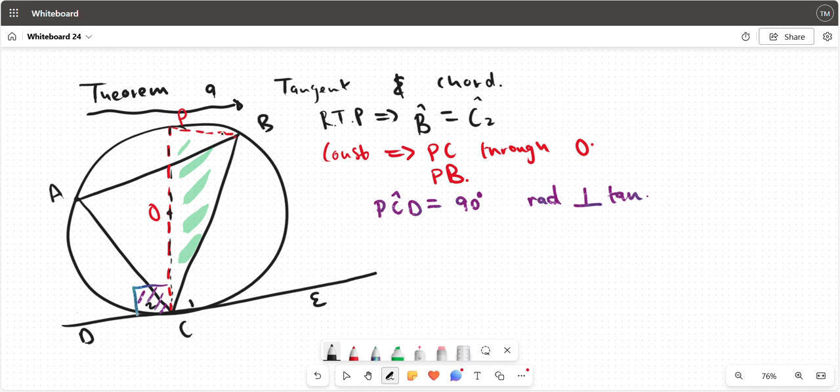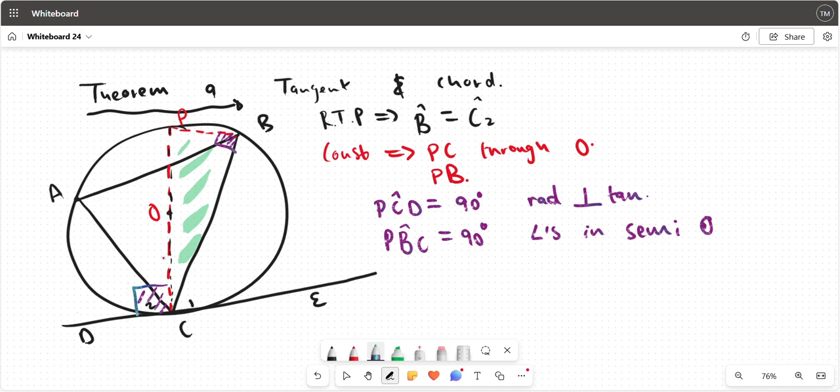So it tells me that this angle here is going to be 90 degrees. And what rule am I using there? I'm going to say PBC is also 90 degrees, and my reason is angles in a semicircle. Alrighty, so I've stated those two things.